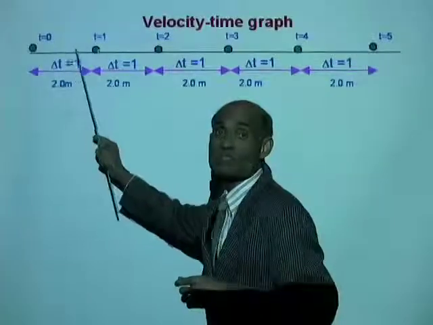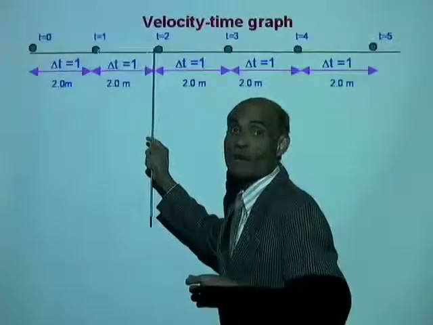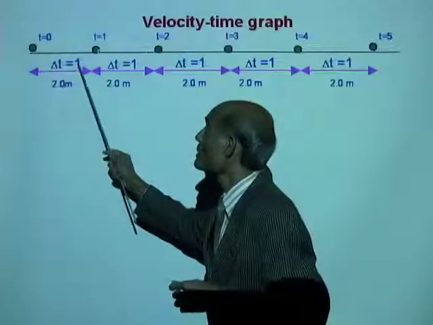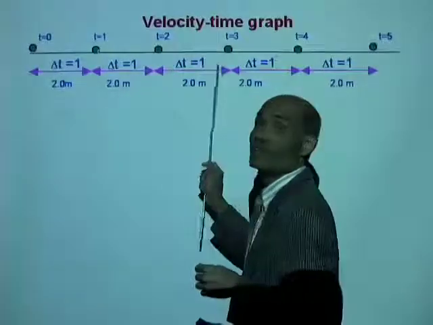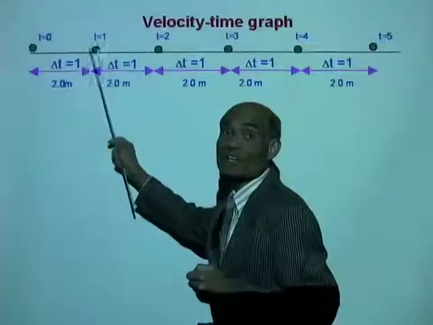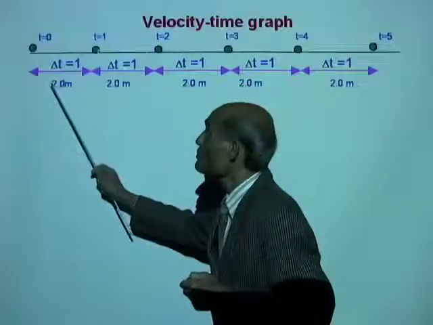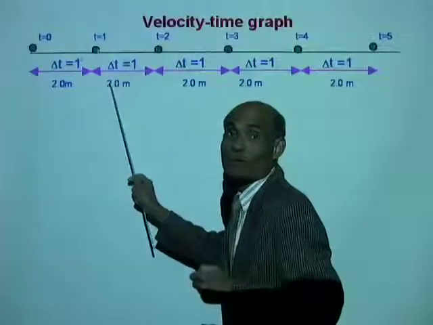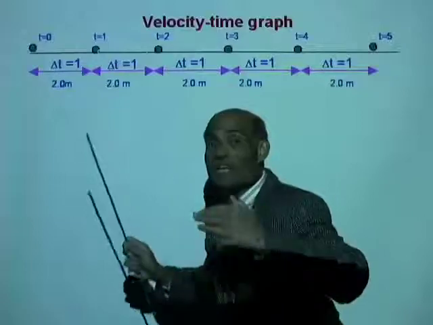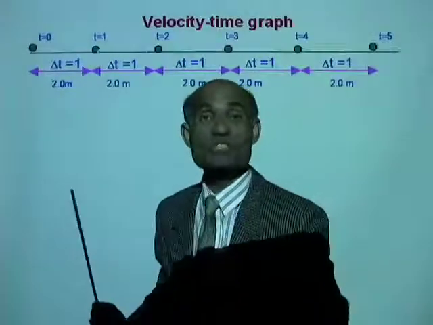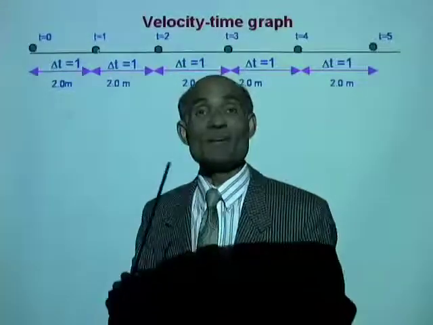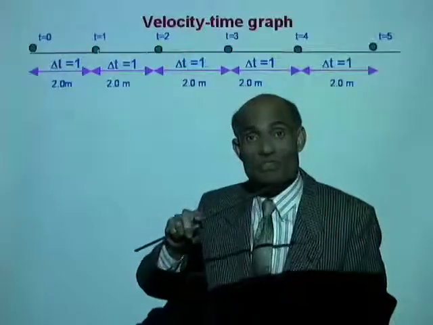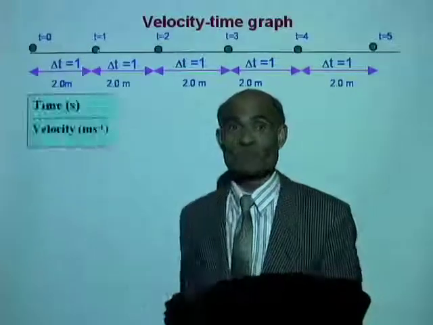I have represented the positions of the particle at intervals of 1 second. That means each second the position changes by how much? By 2 meters. Each second the position changes by 2 meters. It means the object has a uniform velocity.